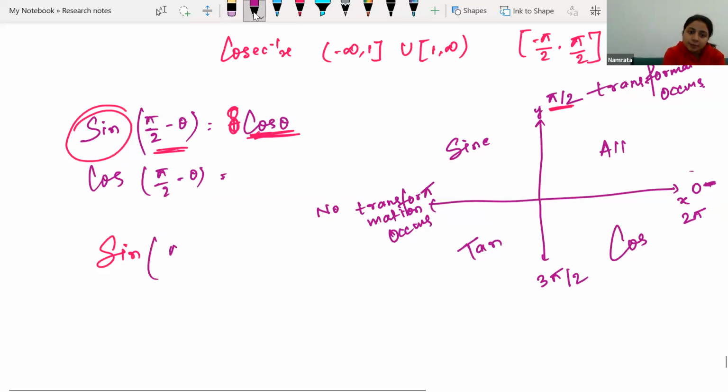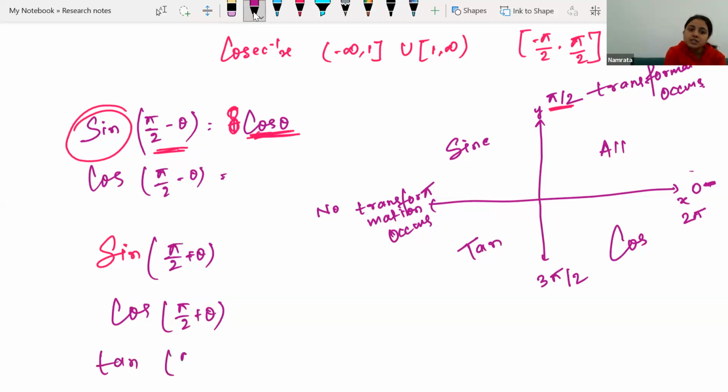If we take pi by 2 plus theta: sine pi by 2 plus theta, cos pi by 2 plus theta, tan pi by 2 plus theta. Similarly, cot pi by 2 plus theta.